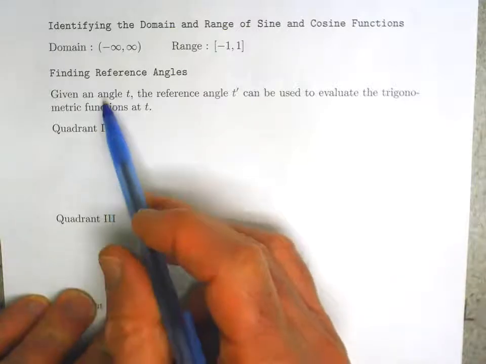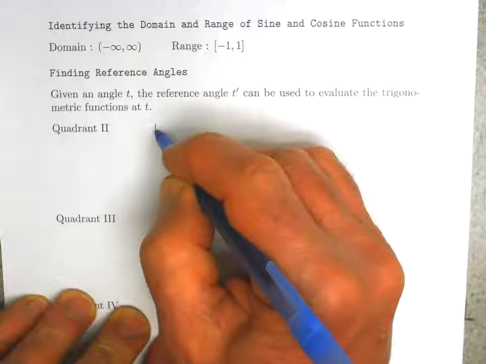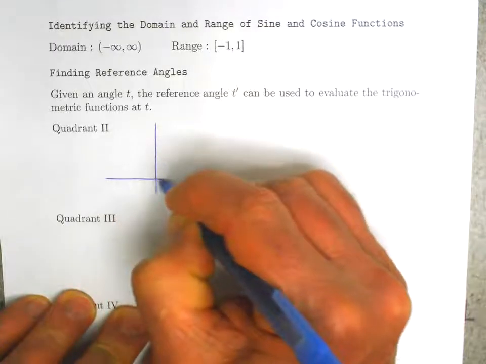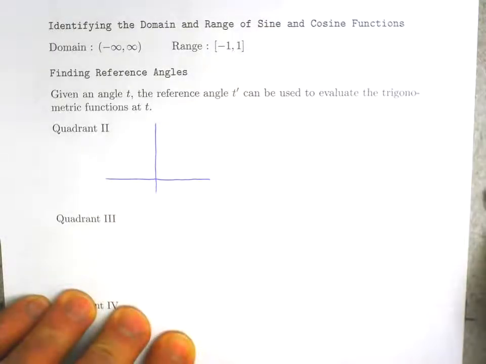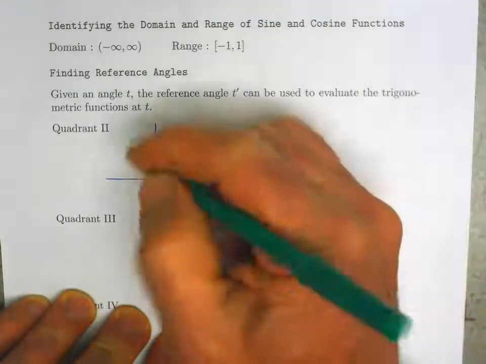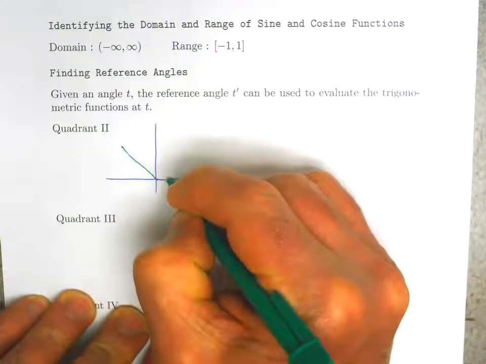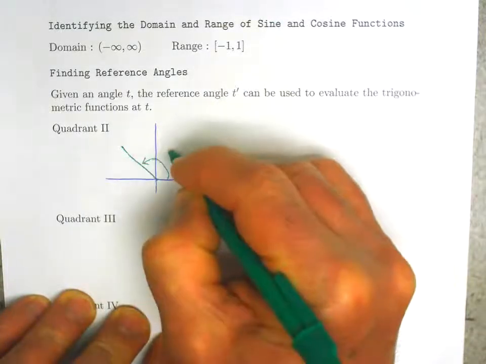So suppose we have an angle t that's in the second quadrant. So its terminal side is in the second quadrant. So that's t.